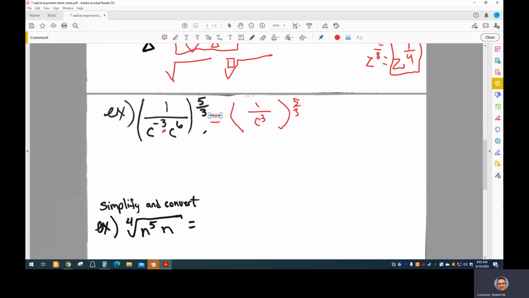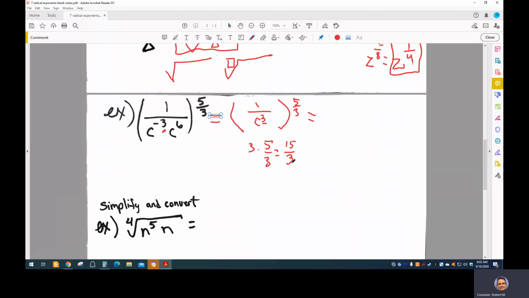All right, we have to apply the power to power rule. So 1 multiplied any amount of times is still going to be 1. And power to power here means we need to multiply these two exponents together. So 3 times 5/3 equals what? 15/3.